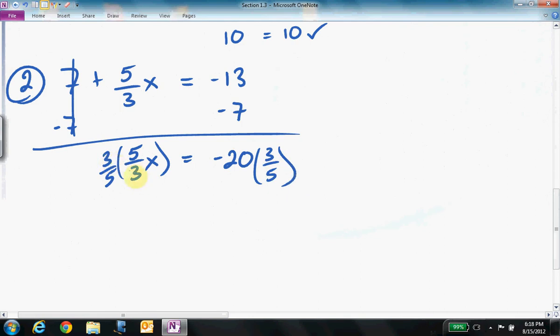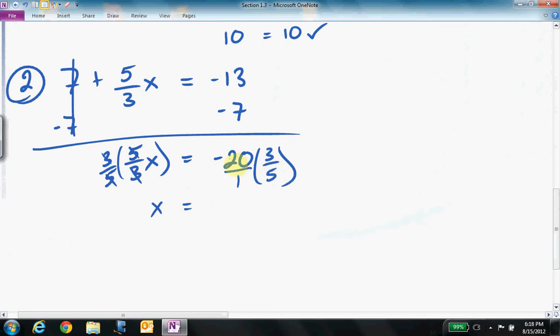And we can do some cross-canceling. The 3's cancel, and the 5's cancel. And we're left with 1 times x again, which is just x. And we can do some cross-canceling here as well. Negative 20 is the same as negative 20 over 1. 1 and 3 can't be cross-canceled.